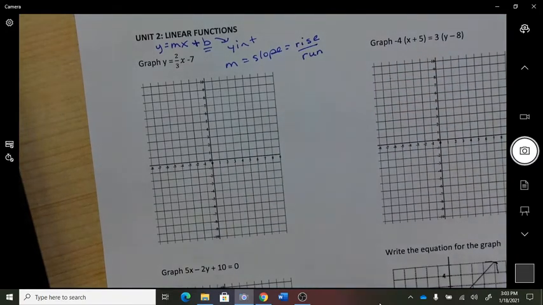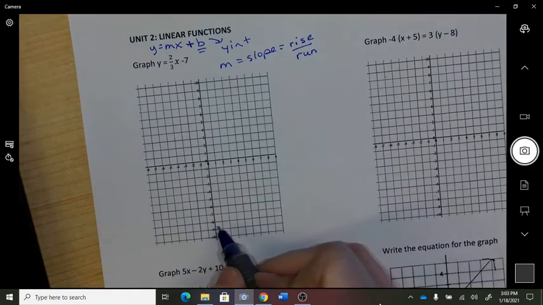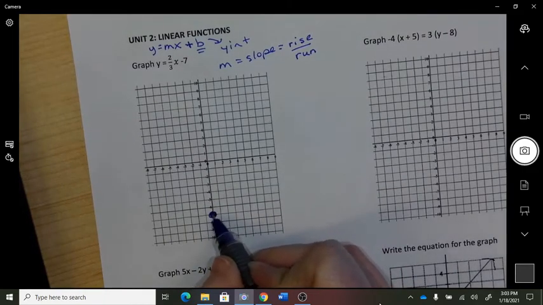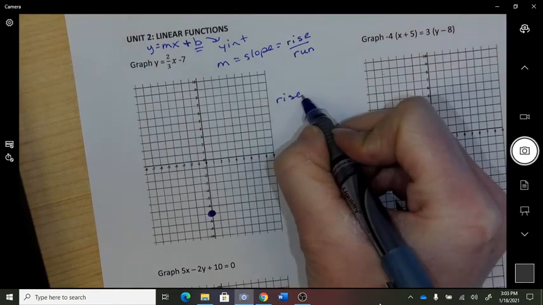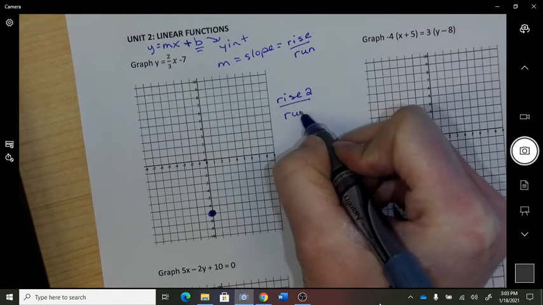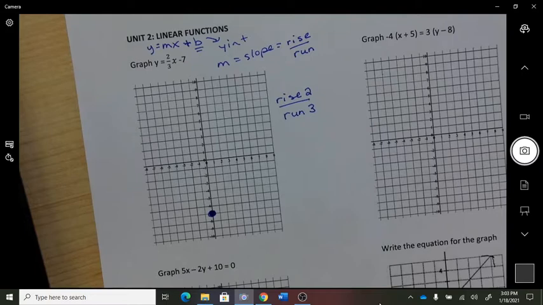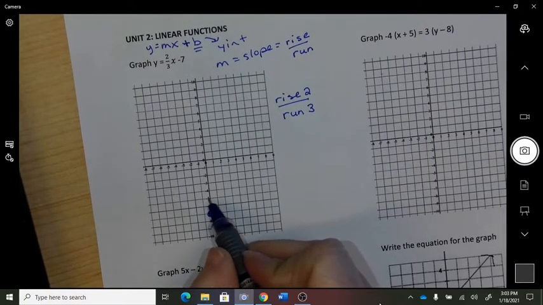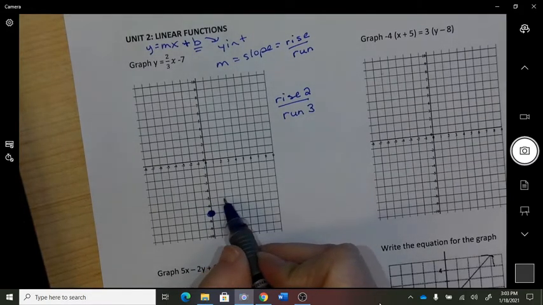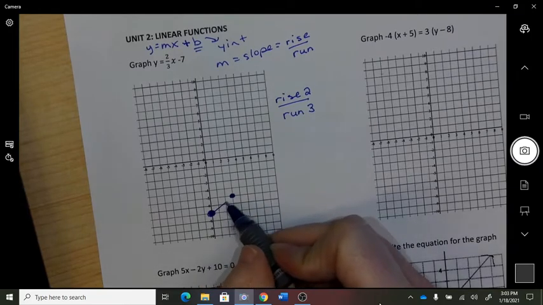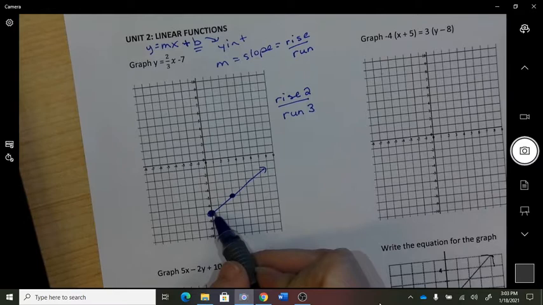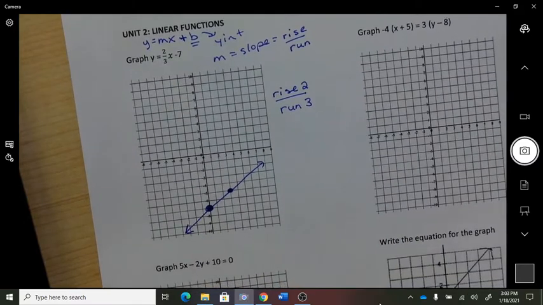So you're going to start on your y-intercept of -7. So you draw a point at -7, and then you're going to rise 2 and run 3. So I'm going to go up 2, 1, 2, and I'm going to go right 3, and I'm going to draw a point, and then once I connect it, I make sure I put arrows to make a line.